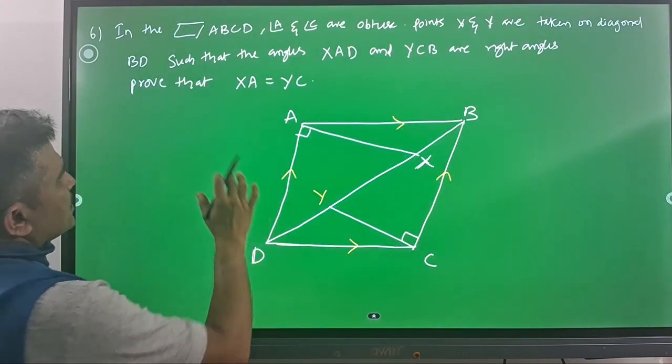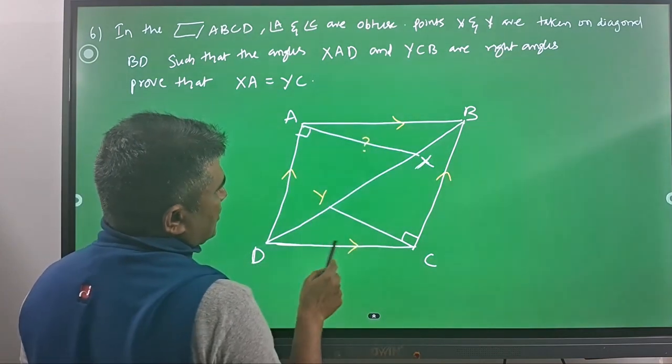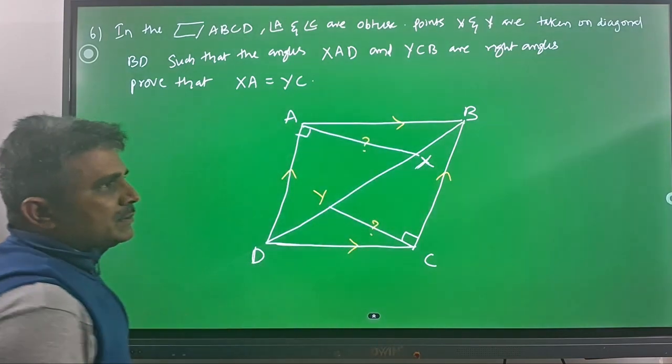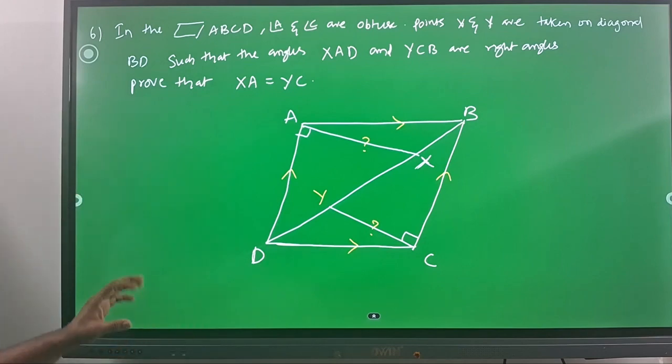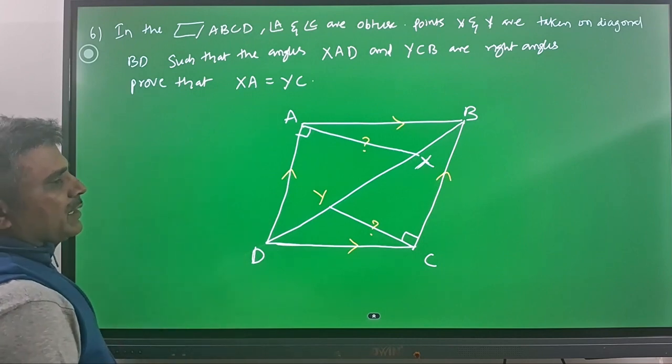So we need to prove XA is equal to YC. XA, this much, is equal to YC, this much. That's what we need to prove. For that we need to prove some congruency, so consider two triangles.